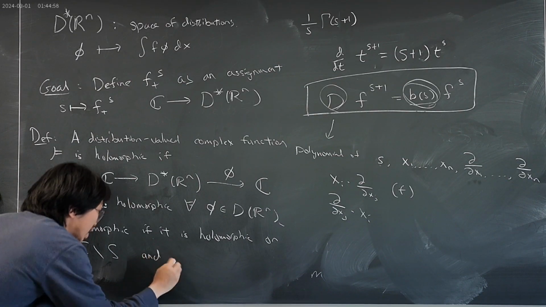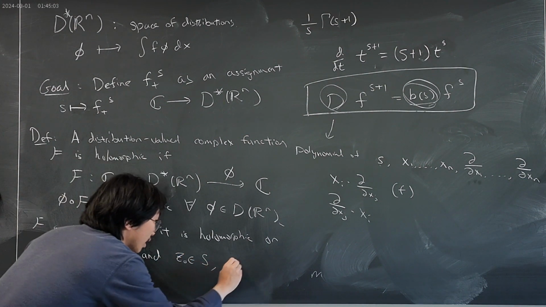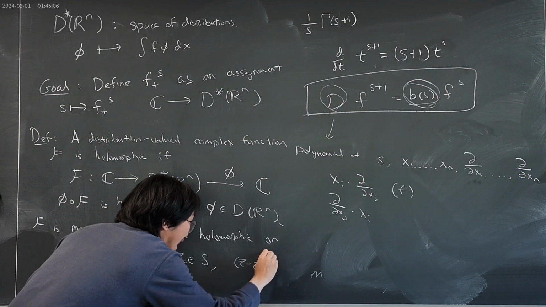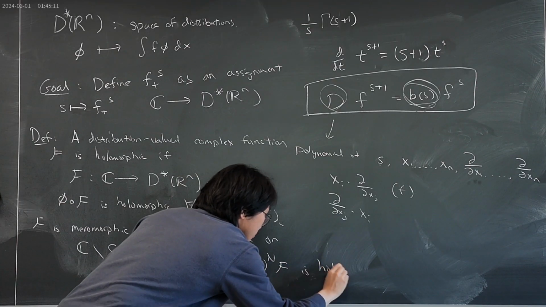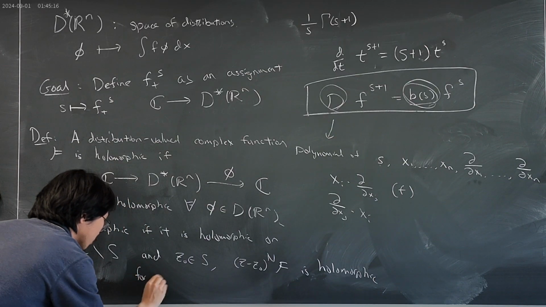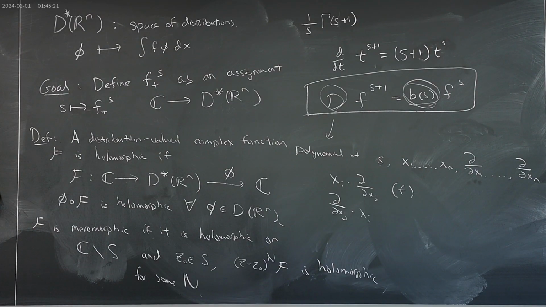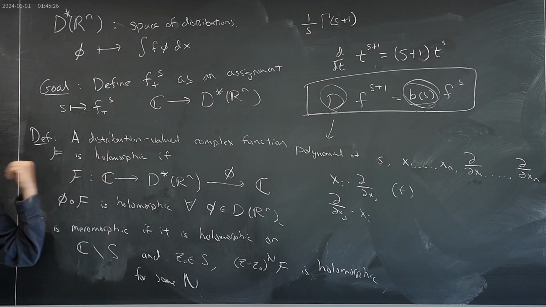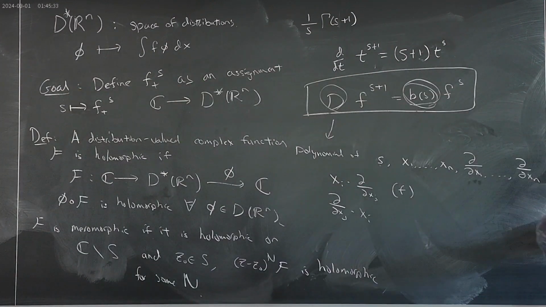And for each pole, for each singularity, we need this to actually be a pole, which means z minus z0 raised to some power n times f is holomorphic for some n. So the central question of this talk can be phrased as, do we have a meromorphic continuation of f plus 3s to a distribution valued function on the complex plane?